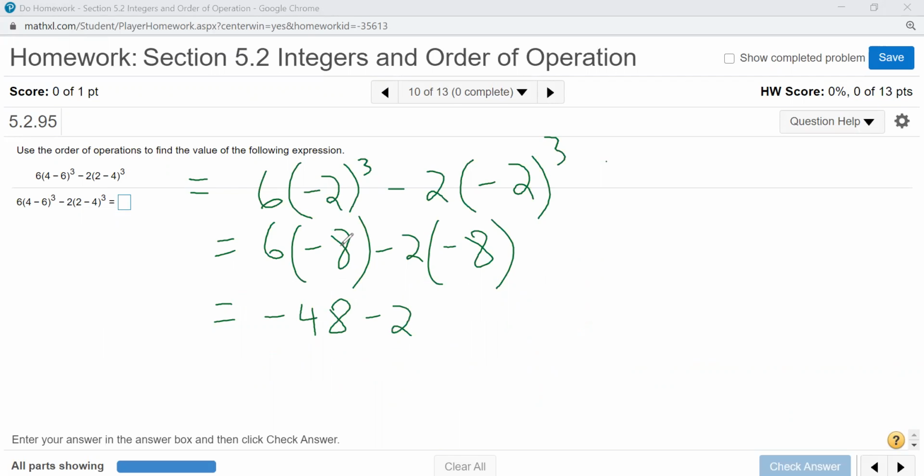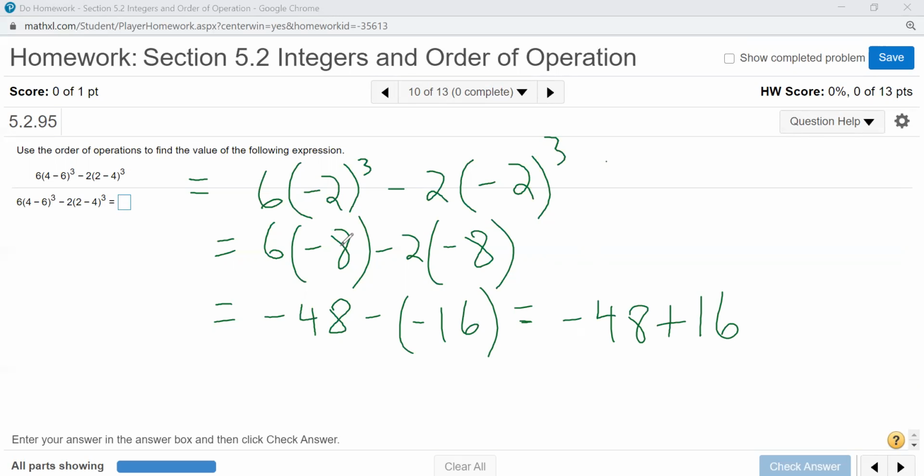Minus 2, well, no, not minus 2, sorry. Now we're going to do 2 times negative 8. What will that give you? So it'll be negative 48 minus negative 16, which actually becomes, exactly, that becomes plus 16. And you will be correct.